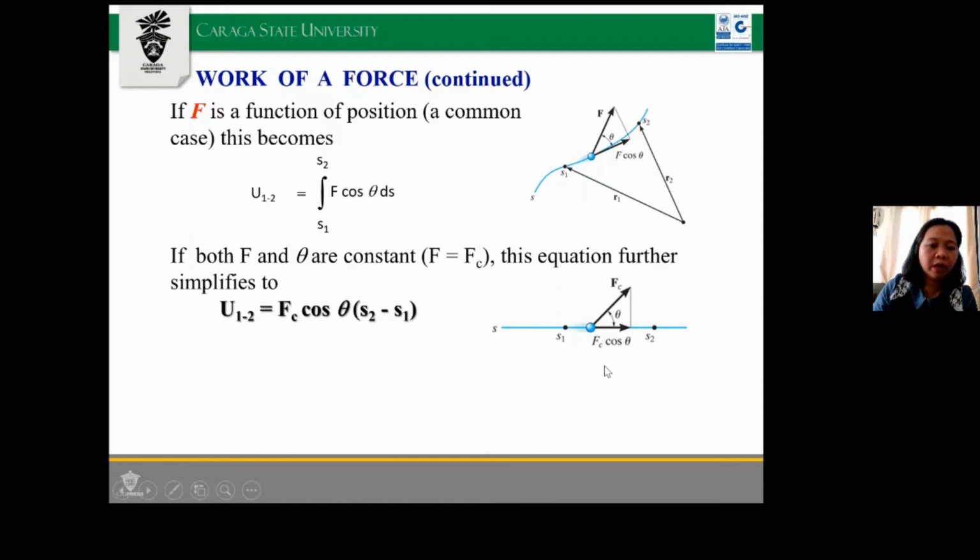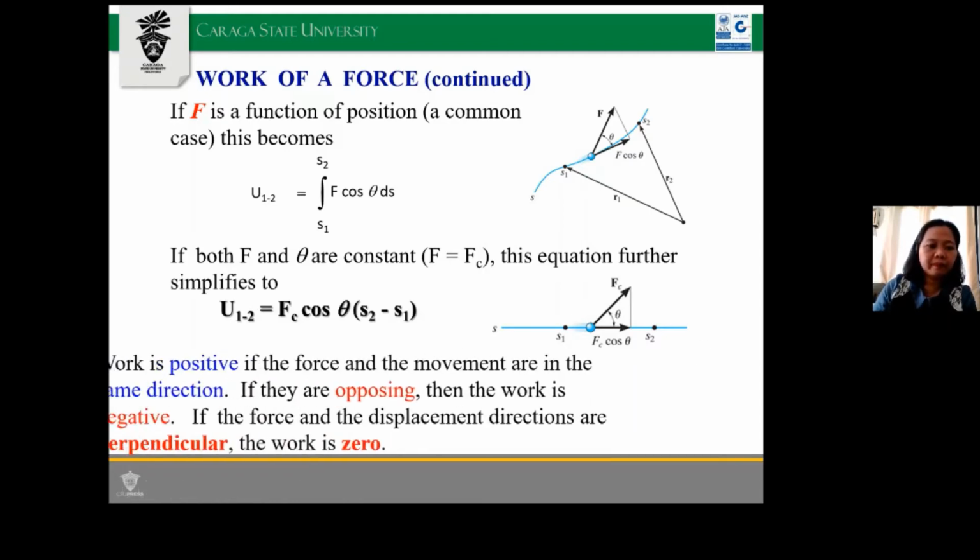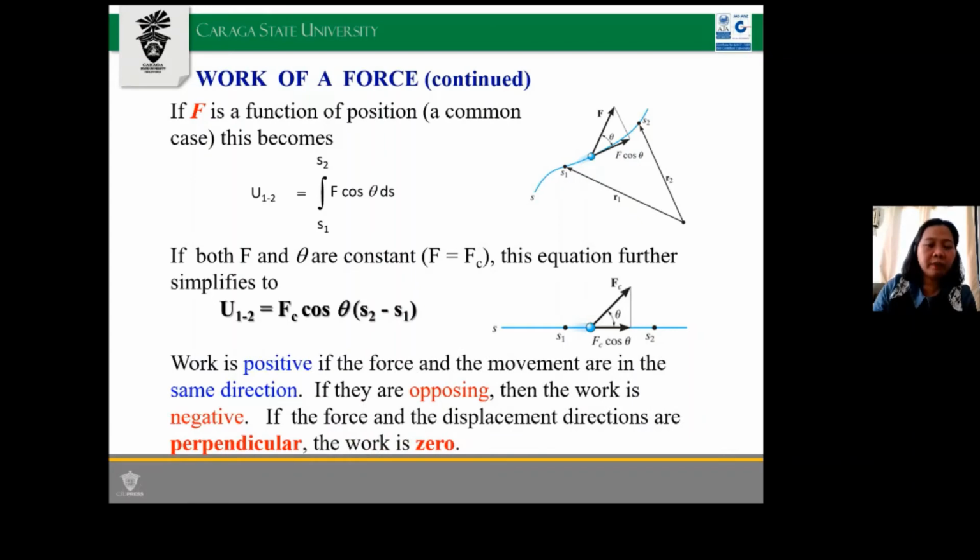Remember this formula, it is very useful in solving problems. Work is positive if the force and the movement are in the same direction. If they are opposing, then the work is negative. If force and displacement directions are perpendicular, the work is 0.